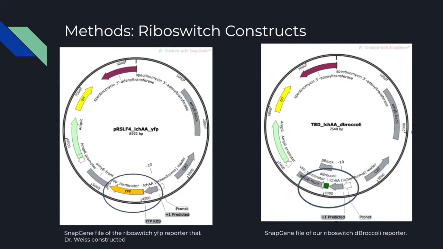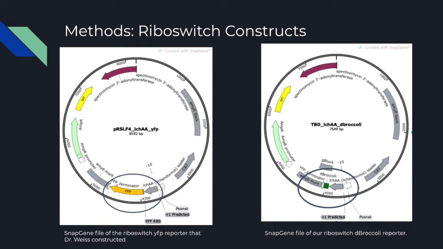For our research project, we utilized two main methods, being the Riboswitch constructs and OFTI and microscopy imaging. Together, these methods allow us to make the plasmids we need in order to test for a specific bacteria or target molecule, and then analyze the results. In order to construct a proper Riboswitch, we start off with a pre-made plasmid construct that comes from Dr. Weiss's lab.